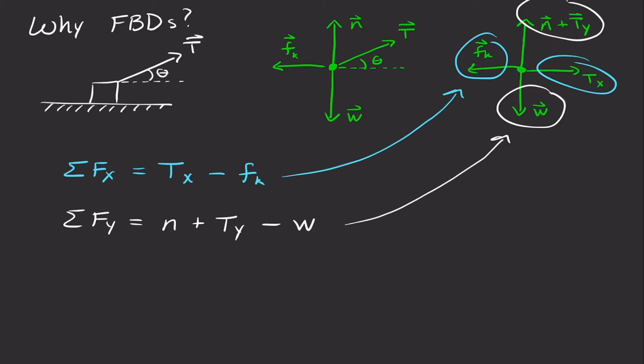Okay, so this made it super easy to look at my free body diagram and see which forces are in which direction. And if you notice, if you have a good picture, whether it's given or you can draw it from the problem, your picture turns into a free body diagram. And then you can simplify your free body diagram into forces along each axis.